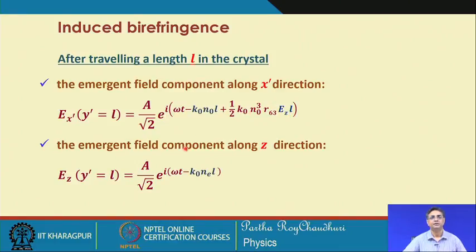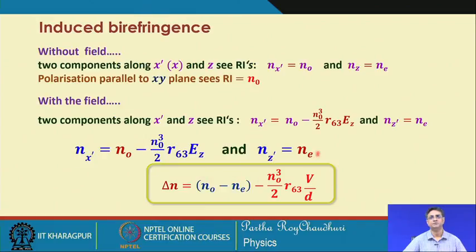The emergent field component along the z direction will then be equal to this, because in this case there is no voltage dependent phase coming into play. You may recall that this z dash does not involve any voltage dependent phase.